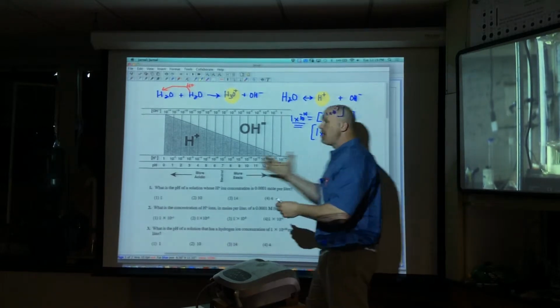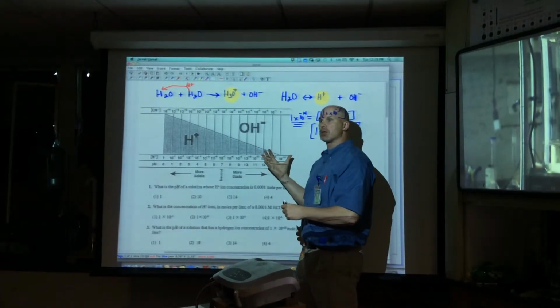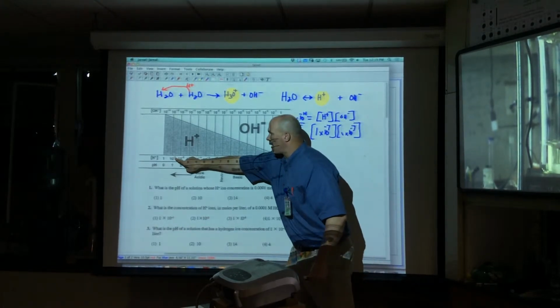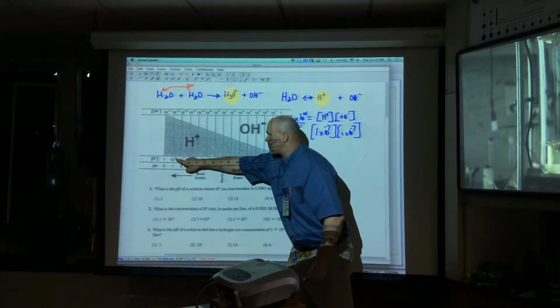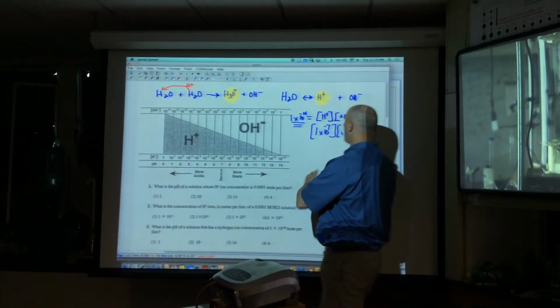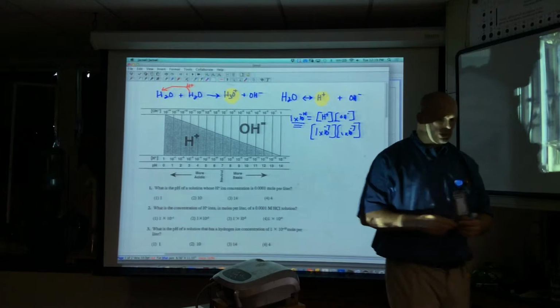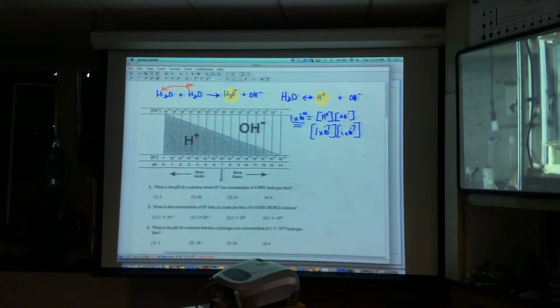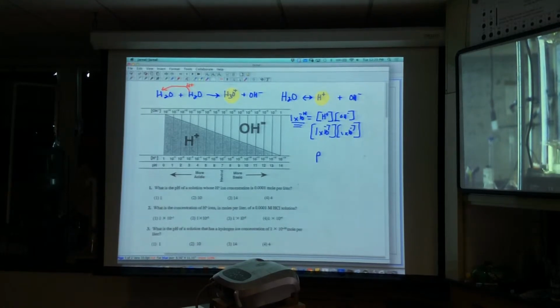So to minimize all of these numbers, what we do is we take the exponent base 10 and make that the number that represents it. So we take this entire number and we stuff it into an exponent. And we call that making a p. Now little p means what?